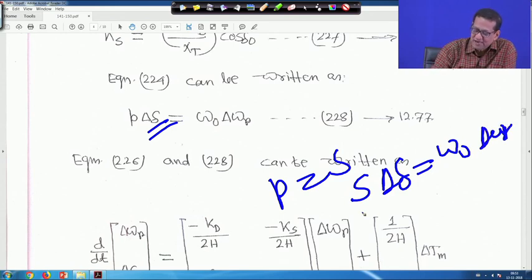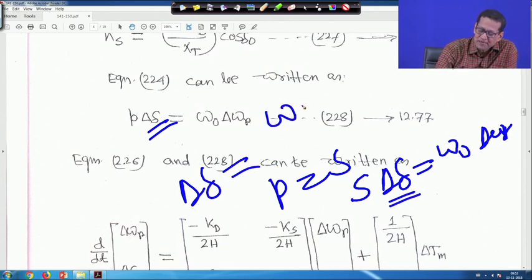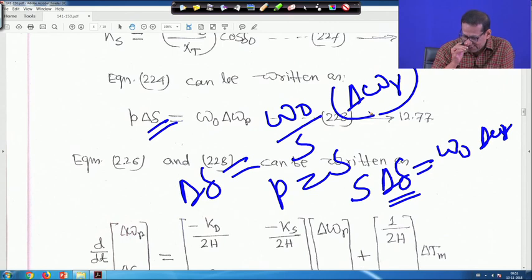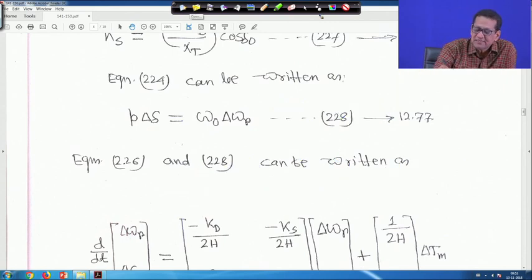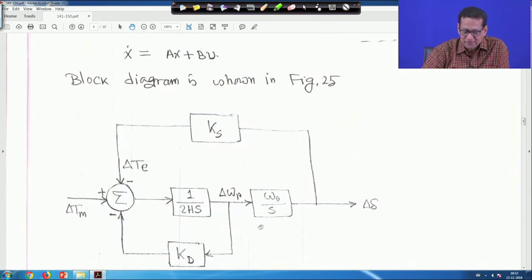That means my delta is equal to omega 0 by S into delta omega r. That is why delta is equal to omega 0 by S into delta omega r.